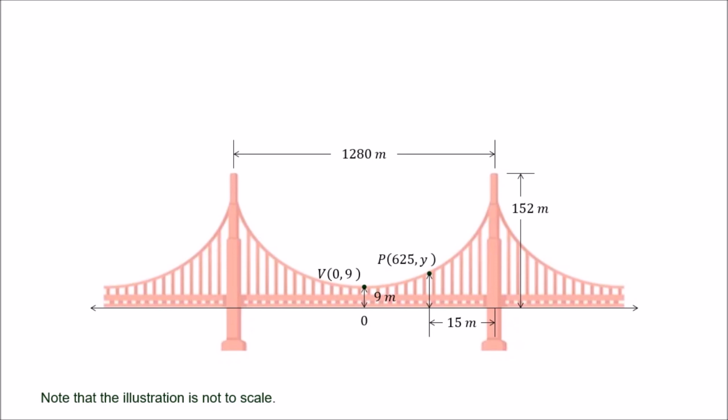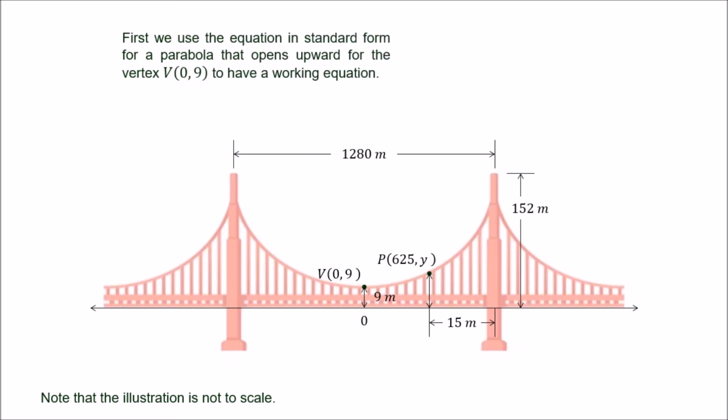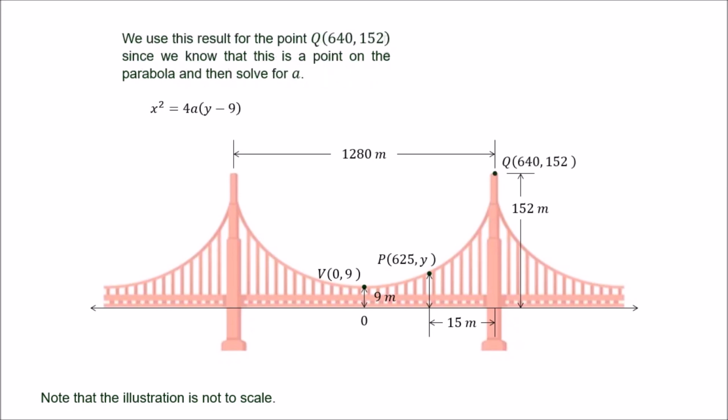For the solution, first we use the standard equation for a parabola that opens upward and plug in the coordinates of the vertex V to have a working equation. And that is (x minus 0) squared equals 4a times (y minus 9). In which case we can simplify into x squared equals 4a times (y minus 9) and then use this equation to solve for a.